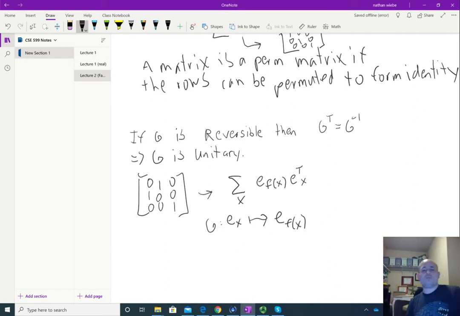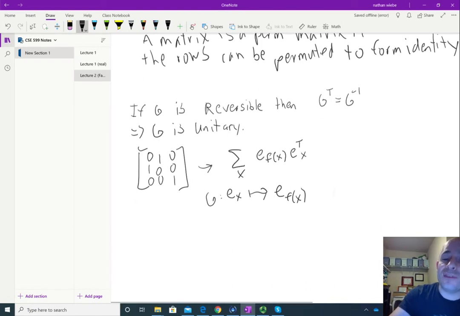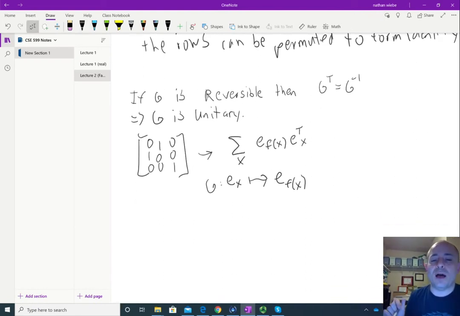Okay, my apologies. So, in any case, this is the form of the matrix that we're taking a look at. Now, that's equal to G.